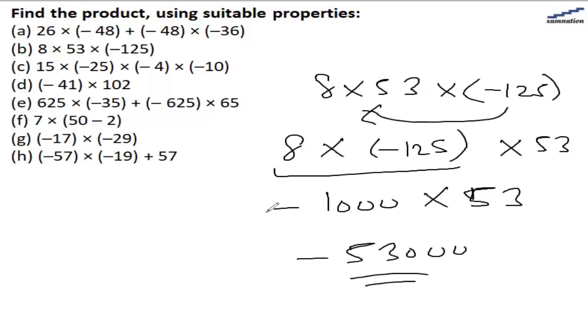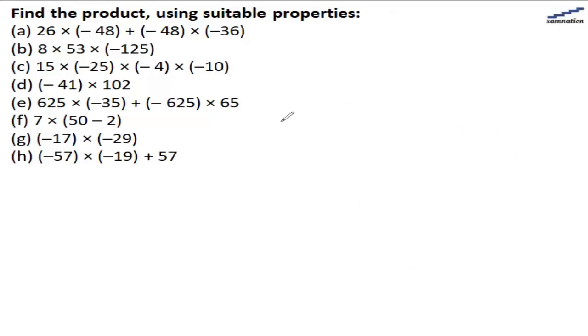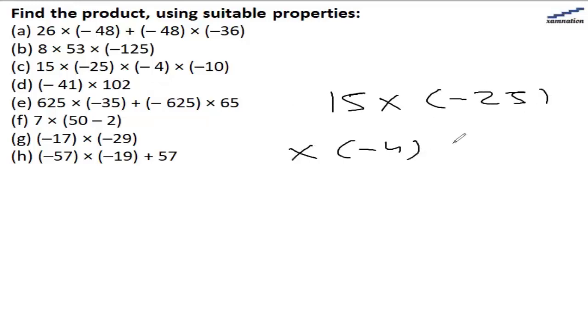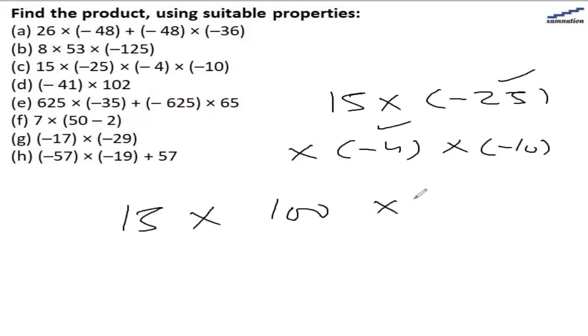So this is how you can resolve these terms. The third part: we have 15 multiplied by minus 25, then multiplied by minus 4, multiplied by minus 10. Here again we need to change the position. First we multiply minus 25 with minus 4, which gives us positive 100.